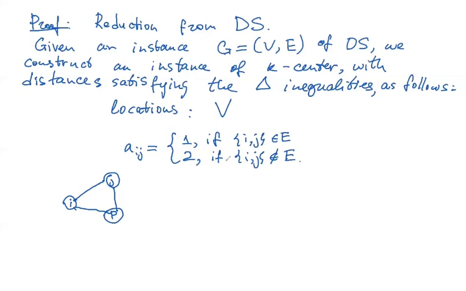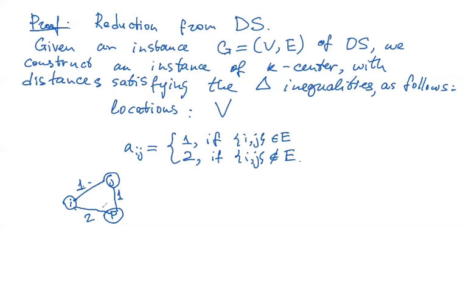No matter how you assign the distances, let's say 1, 1, 2, the triangle inequalities will clearly be satisfied. Whatever combinations of 1 and 2 you consider, the triangle inequality will be satisfied.